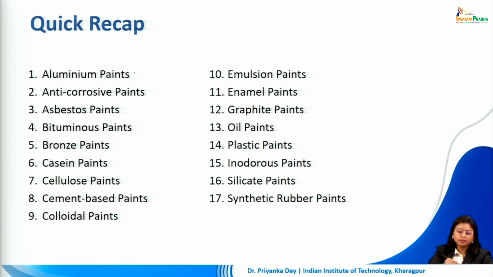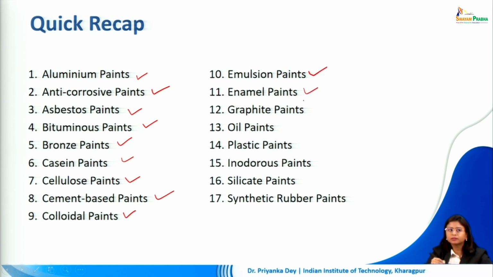So we had aluminium paints, anti-corrosive paints, asbestos paints, bituminous paints, bronze paints, casein paints, cellulose paints, cement-based paints, colloidal paints, emulsion ones, enamel ones, graphite paints, oil paints, plastic paints, inodorous paints, silicate ones, and synthetic rubber paints.